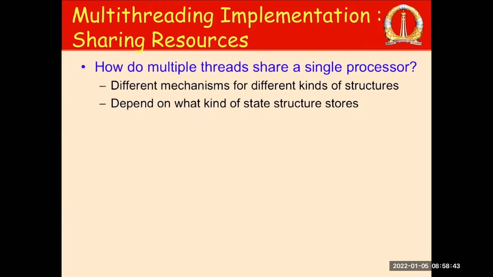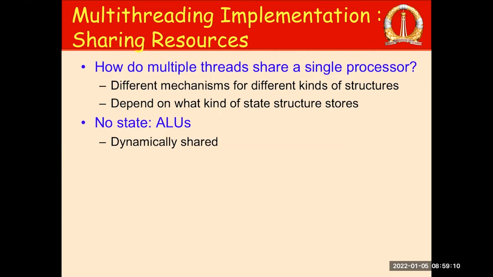Okay, now let's spend the next 10 minutes or so trying to talk about how multi-threading is implemented, what are the issues, which resources are shared, how, and then how the different threads are being scheduled. Okay, so as we mentioned earlier, these resources in a pipeline are going to be shared, and let's see how this sharing happens.